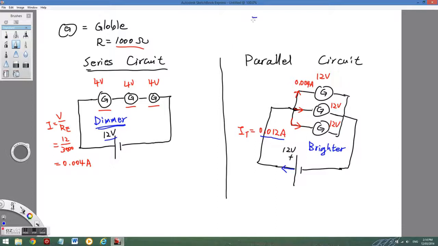So remember, energy is measured in joules. Power is measured in watts, which means joules per second.